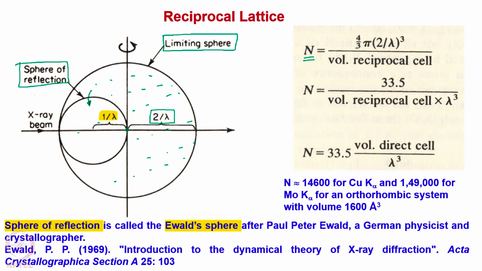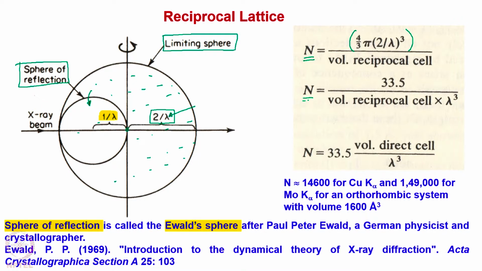The number of reflections can be calculated as 4/3 pi (2 by lambda) cube. 2 by lambda is the radius of this particular limiting sphere. So, whatever reflections fall within this limiting sphere volume can be recorded, and one can get the data for those reciprocal lattice points.